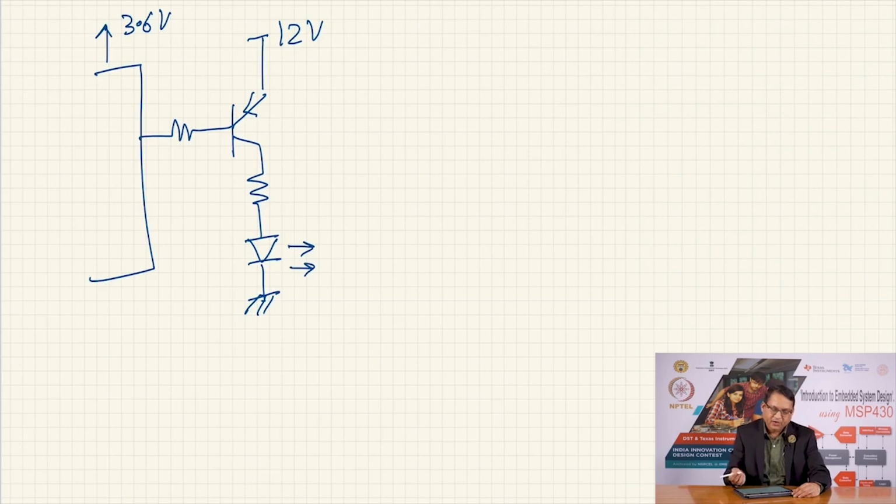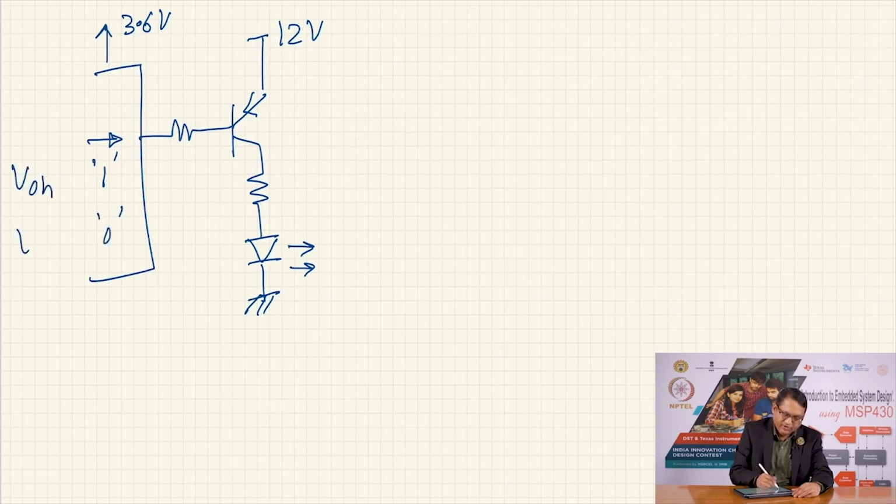I will never be able to turn this transistor off for whatever the state of the output pin, whether it is 1, at which time the voltage will be VOH, and if it is 0, it will be VOL. I will never be able to turn this transistor off if the output voltage is VOH, because VOH, as we have seen, can be maximum 3.6 volts, but usually it will be less than 3.6 volts.